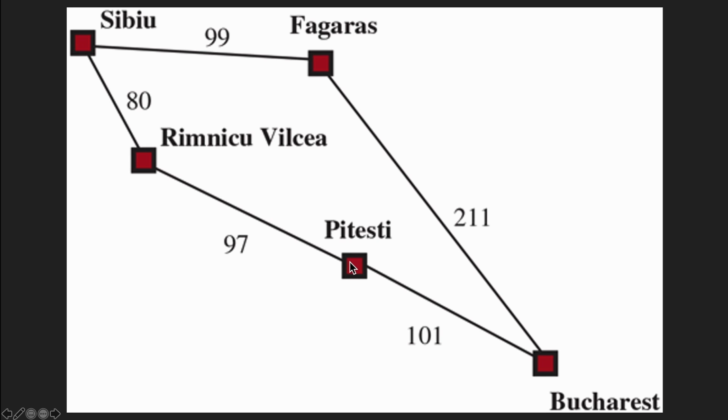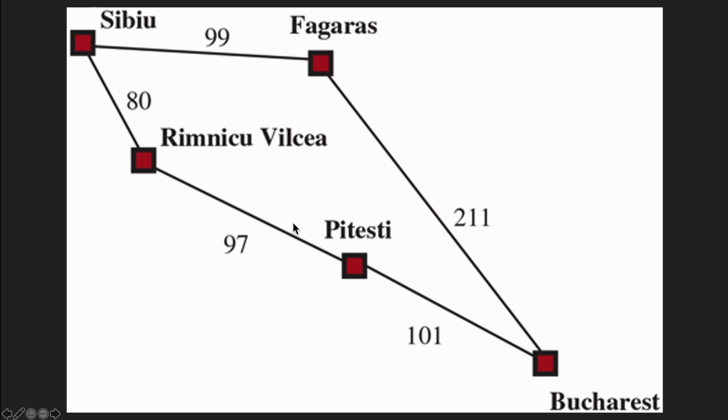Now, I'm going to visit Fagaras because it's cheaper for me to visit Fagaras than it is for me to visit Bucharest. So I visit Fagaras. And next, I'm going to visit Bucharest from Pitesti because that is cheaper than visiting it from Fagaras.